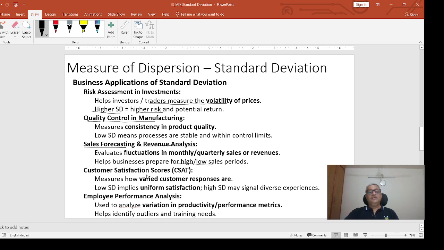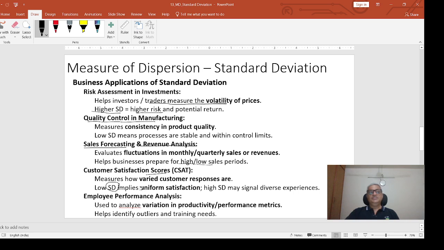We can also find out customer satisfaction responses. See, if there are 50 customers from whom you are collecting the feedback, and all 50 have more or less given feedback saying that yeah, they are pretty happy with whatever services you have provided, then standard deviation would come out to be pretty low.